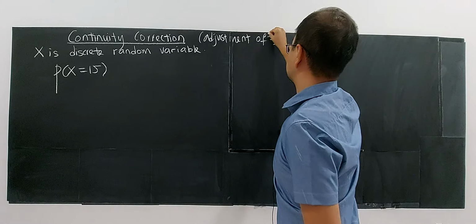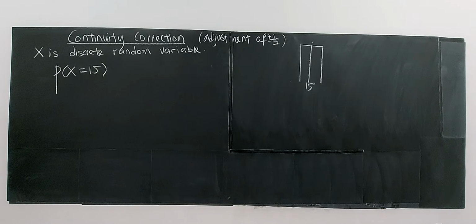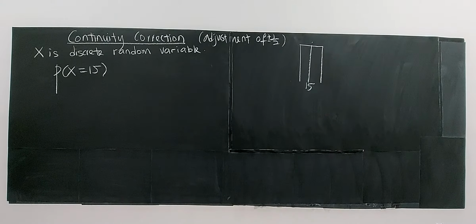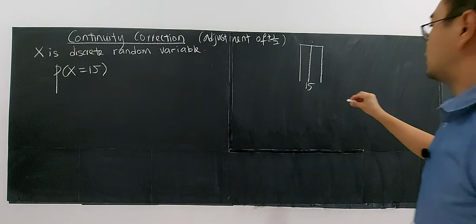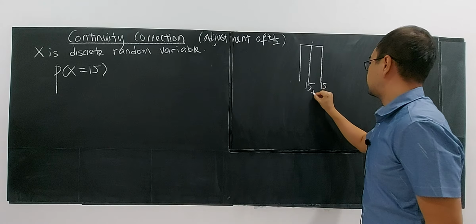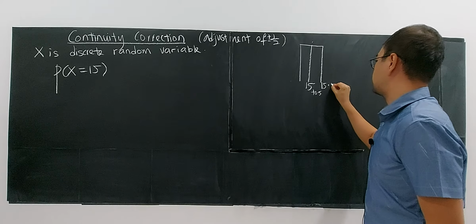It means we adjust the value. We add 0.5, so it becomes 15.5.